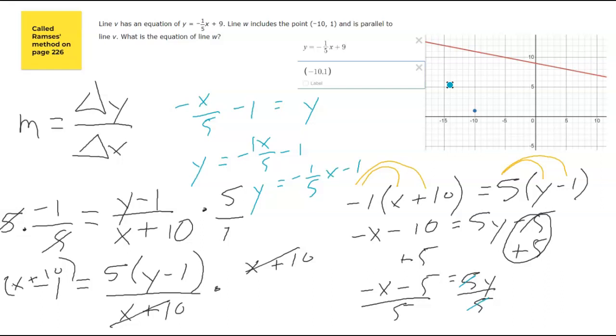So if you put this equation right here into Desmos, you'll see that it is the line that is parallel to line V and goes through this point. Let's test that and verify that fact.